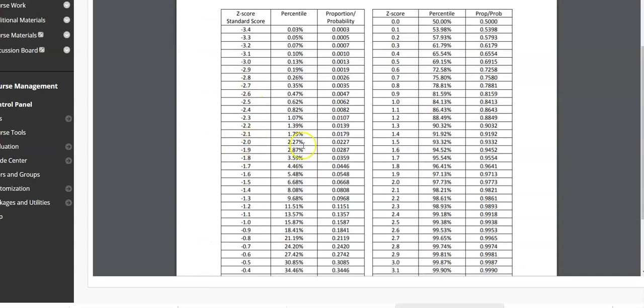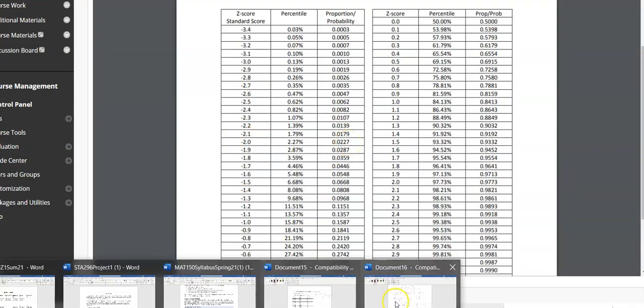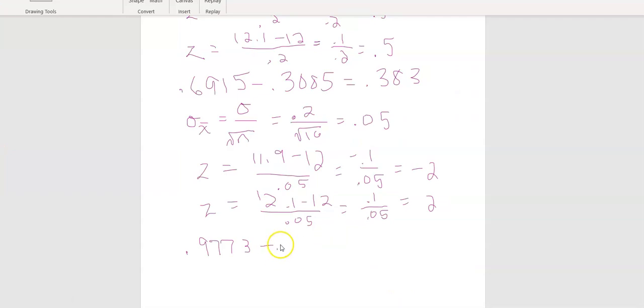Negative 2 is going to give us 0.0227. And when we put that into our calculator, we get 0.9546.